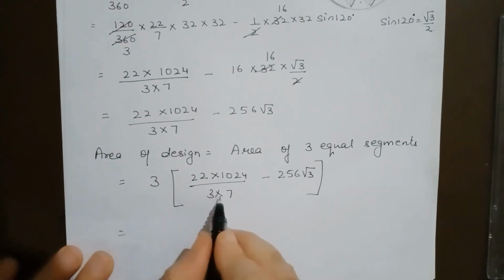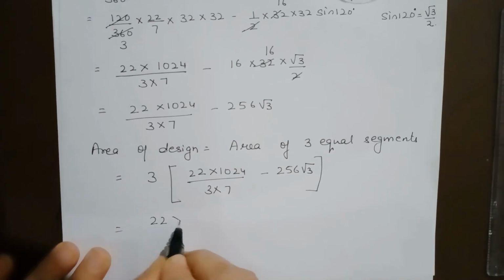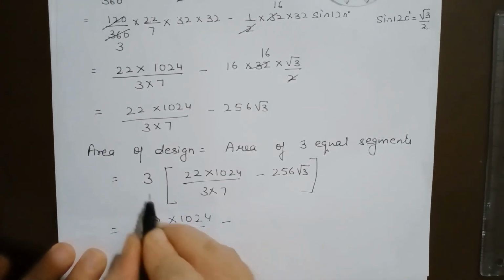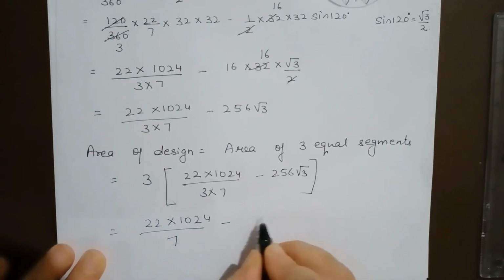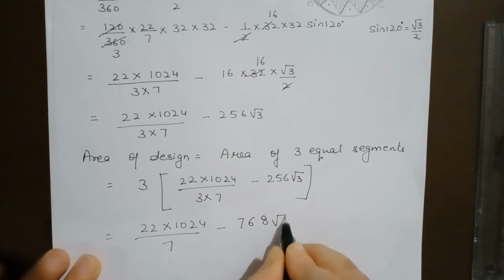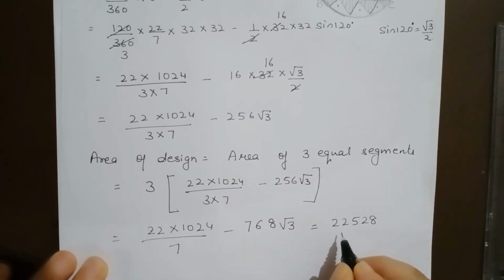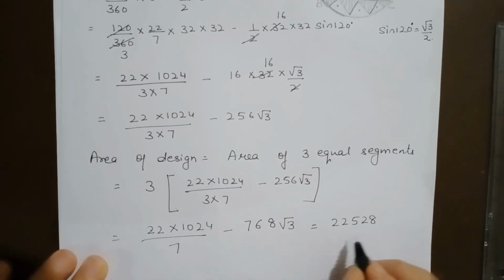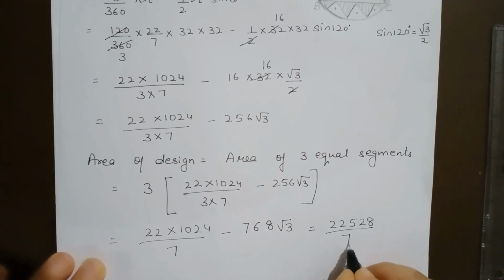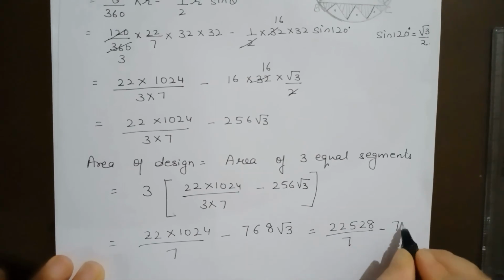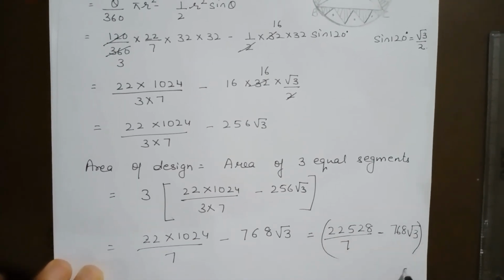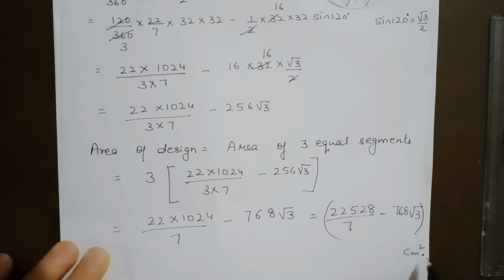Now when 3 is multiplied by this term, 3 cancels with 3, we are left with this over 7, and when 3 is multiplied by this, we get 768 square root of 3. Now 22 into 1024 is 22528 over 7 minus 768 square root of 3. This much centimeter squared will be the answer.